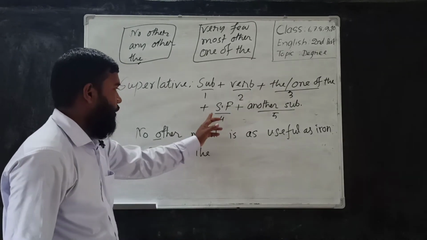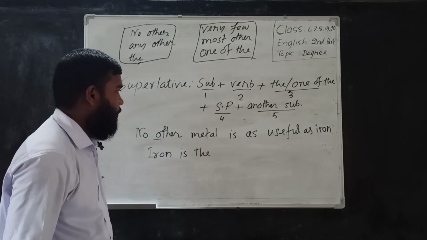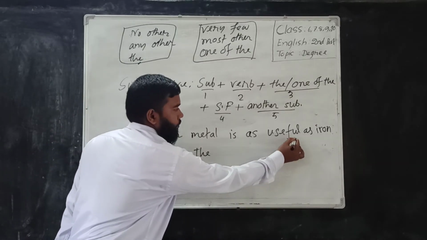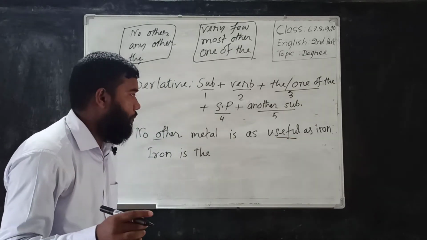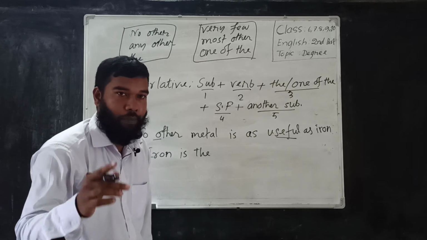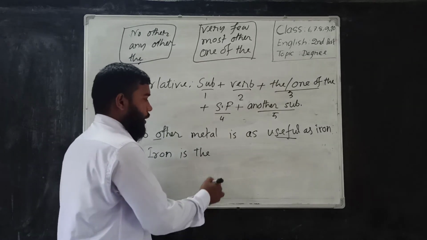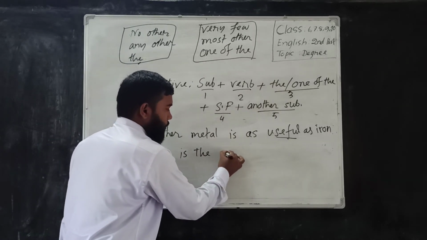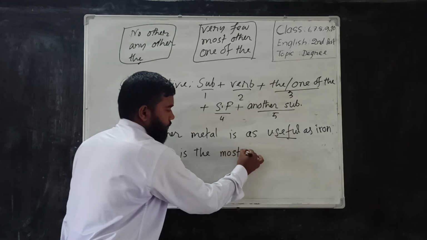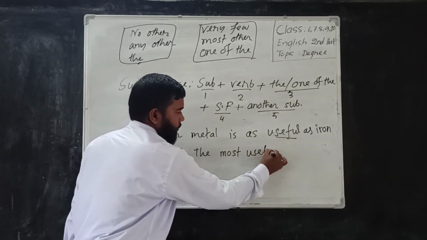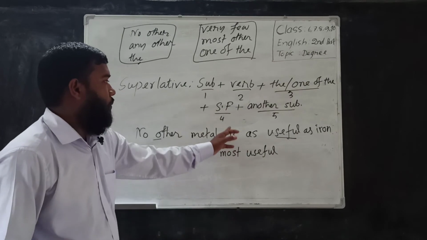Third step complete. Fourth step, superlative form of adjective. What may be the superlative form of that word? Useful. And it will be most useful. Most useful.